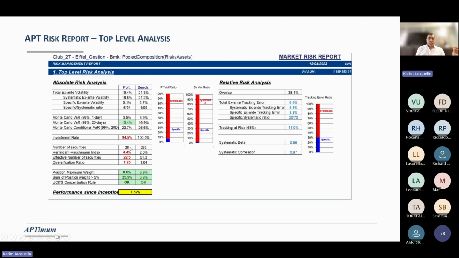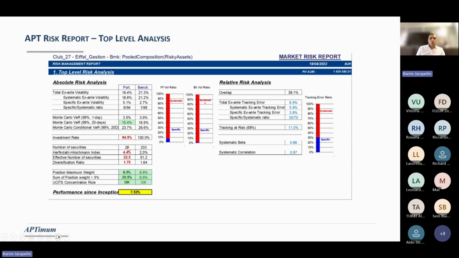So we have the number of securities here, but let's say that we have 100 securities and that one security weight is 99%, and the other 99 have very small weights, so that it sums to 100. So technically, you have 100 securities, but in reality, because only one stock is invested at 99%, you have an effective number of securities of 1.